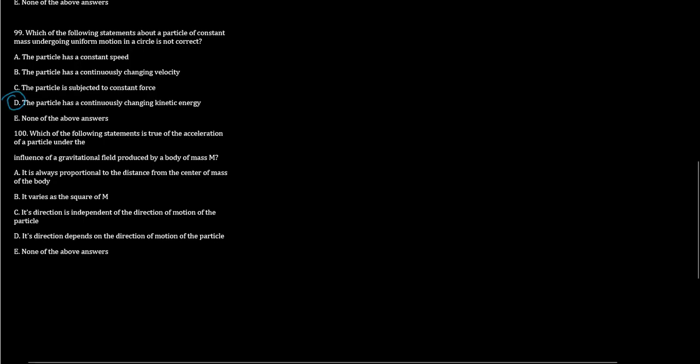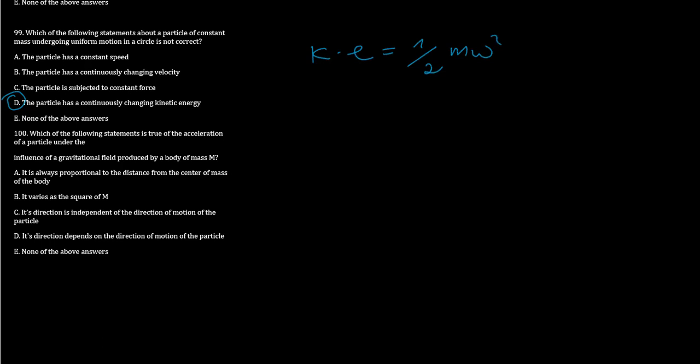The kinetic energy is constant, since the kinetic energy KE is a half m omega squared r squared, or simply a half m v squared. For a body moving in a circular path, the speed is constant and the velocity changes throughout its motion, because it doesn't change in magnitude, but it changes in direction.